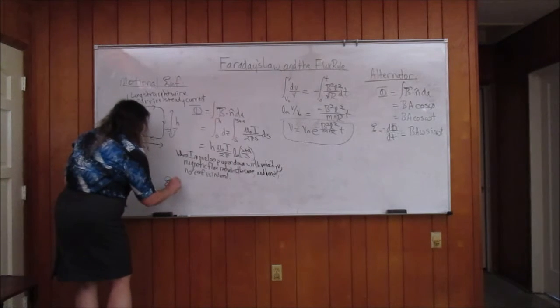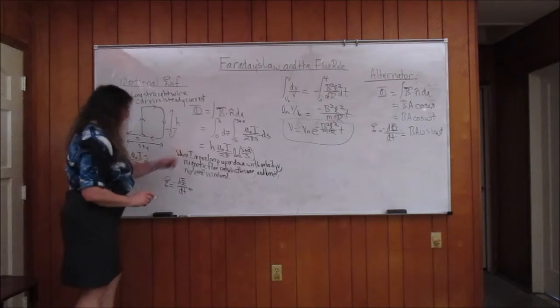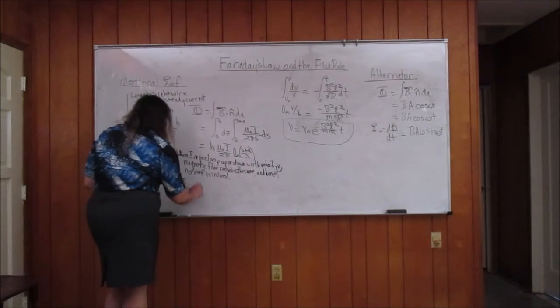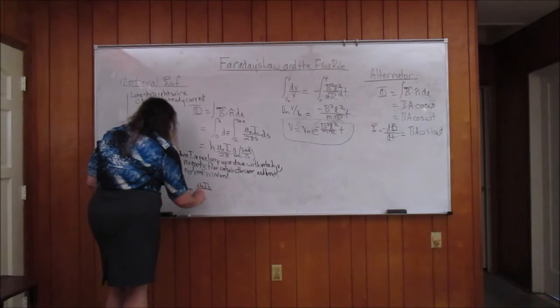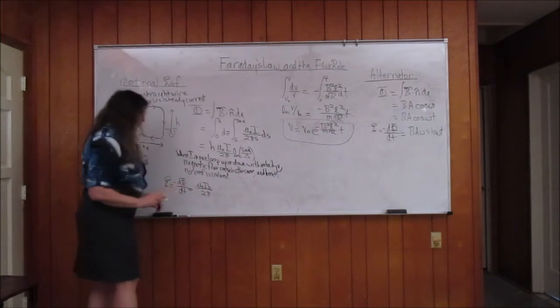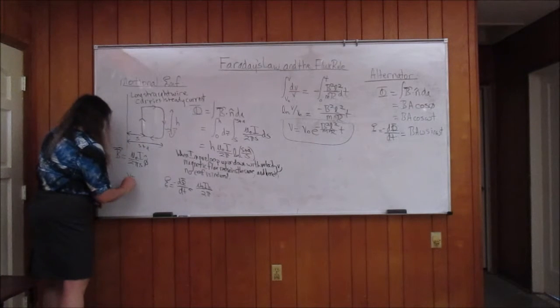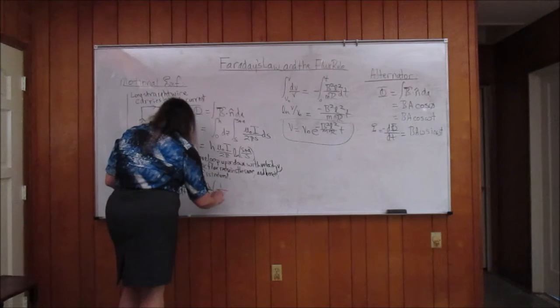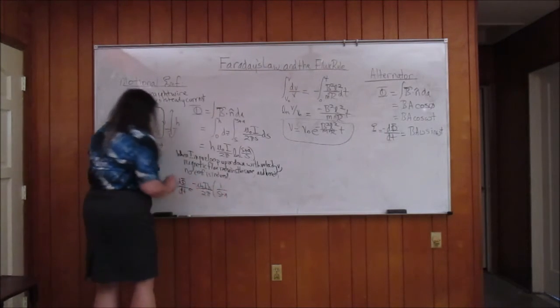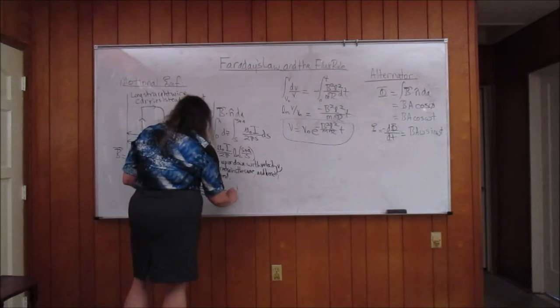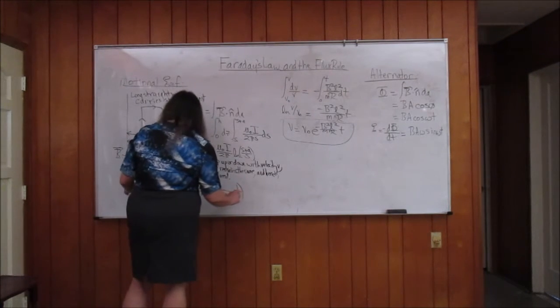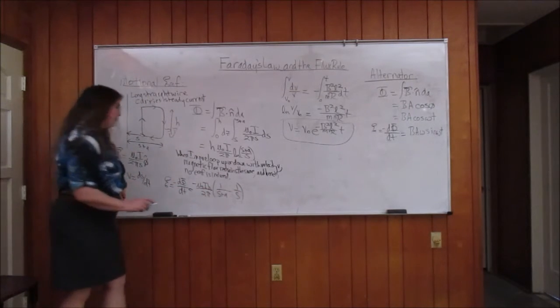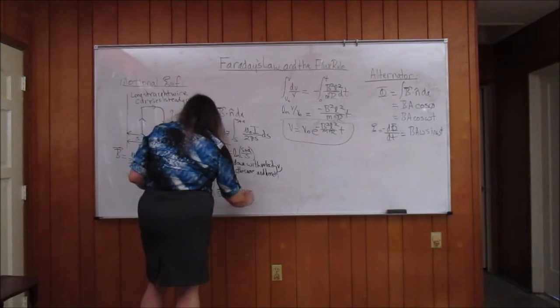To figure out the magnitude, we just want to take the time derivative of the magnetic flux. So we've got mu naught I h over 2 pi, and speed is simply ds by dt. So we wind up with 1 over s plus a, we need a minus sign up front here, minus 1 over s times ds by dt, but that's just equal to the velocity.